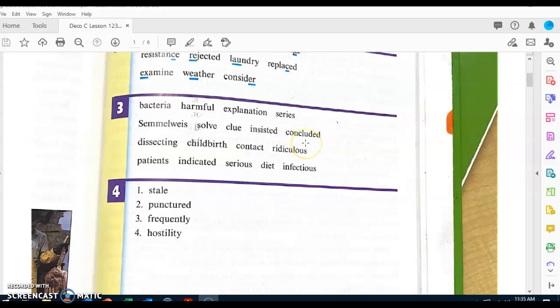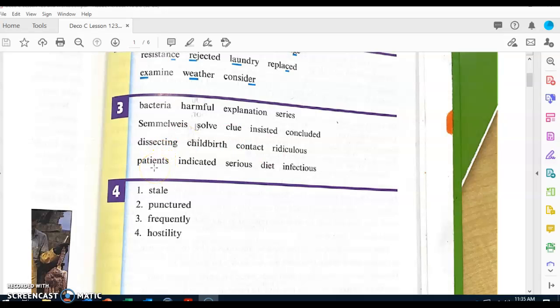Next word. What word? Insisted. Next word. What word? Concluded. Next word. What word? Dissecting. Next word. What word? Childbirth. Next word. What word? Contact. Next word. What word? Ridiculous.